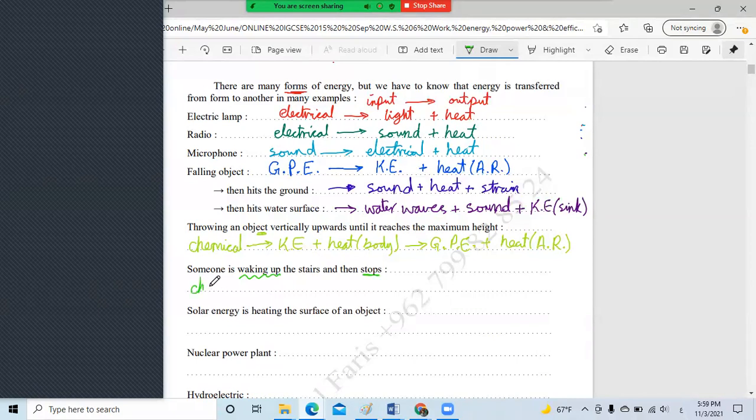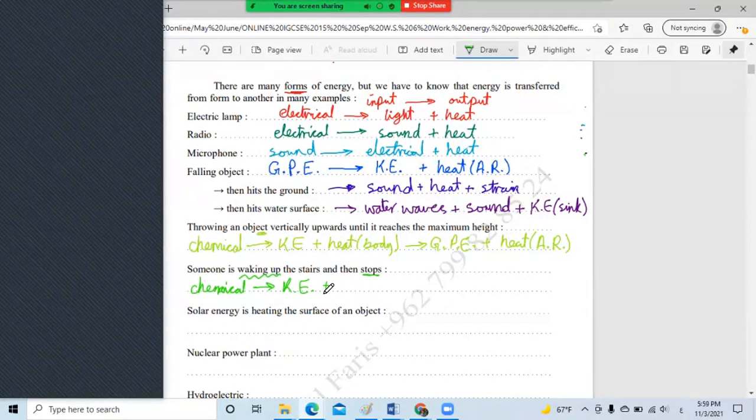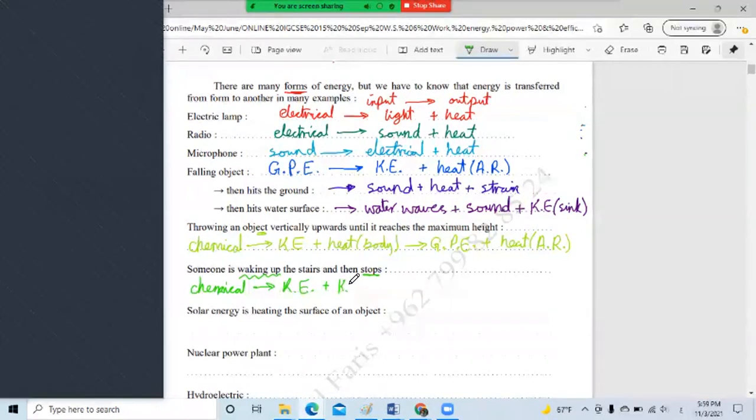So this chemical energy becomes kinetic energy. And don't forget, not all the kinetic energy is useful to go upstairs. You need to move your arms to be balanced while you are going upwards. So this is also wasted energy, chemical energy in the arms. It's not useful, it's wasted.